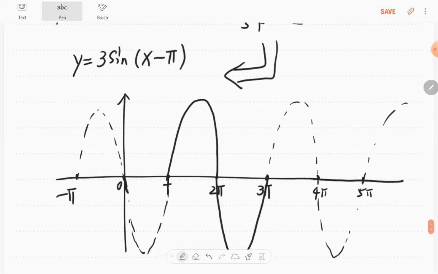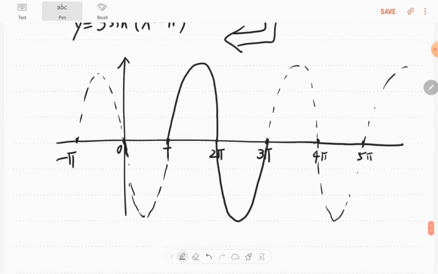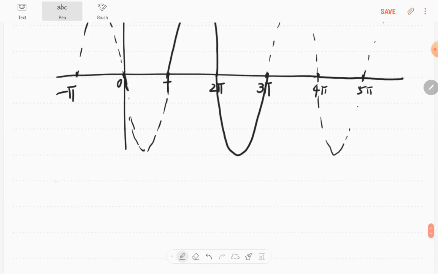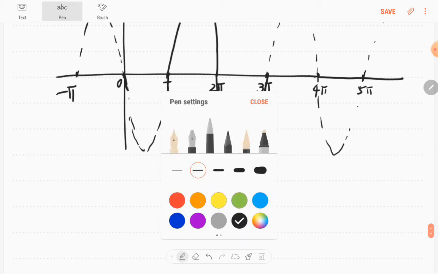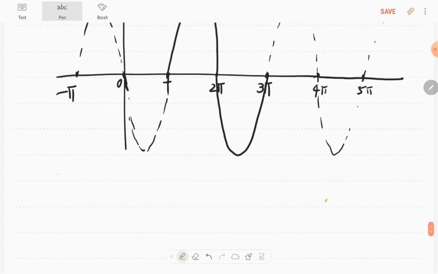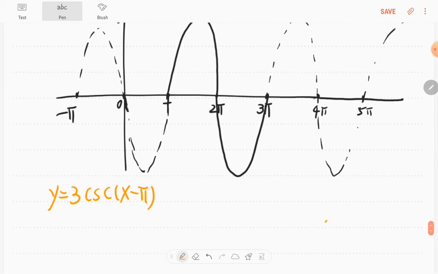So now the graph for the cosecant. We want y equals 3 times cosecant of x minus pi. So it would be 3 times 1 over sine.